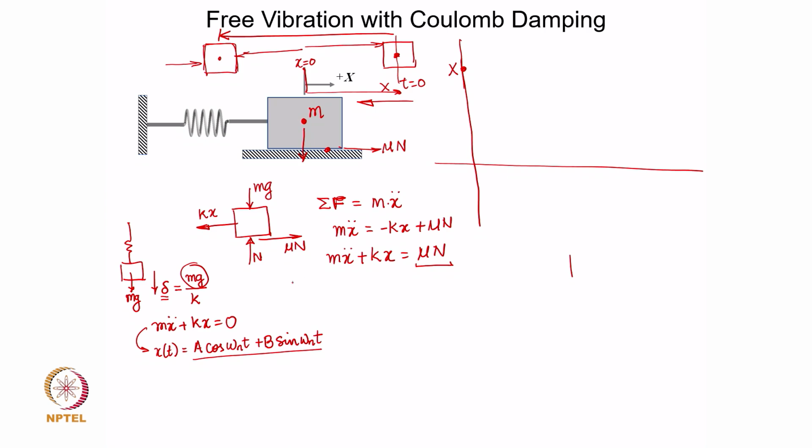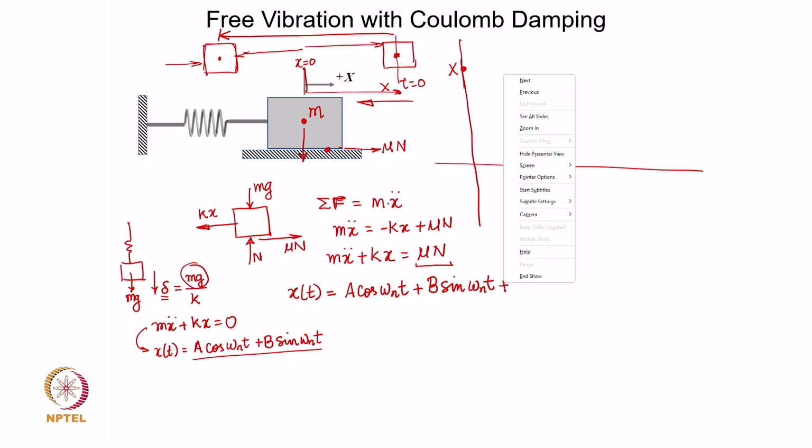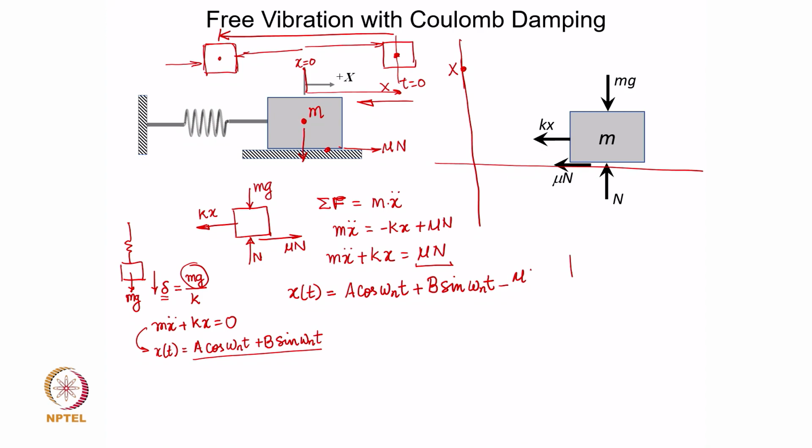Okay. So, the net response in this case, the general solution of the governing equation of motion that we wrote here, is going to be A cos omega n t plus B sin omega n t plus mu N by k. It would be plus because it generates the response in the direction of the force.